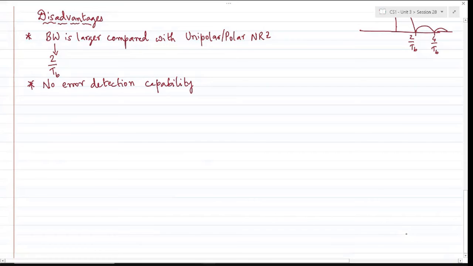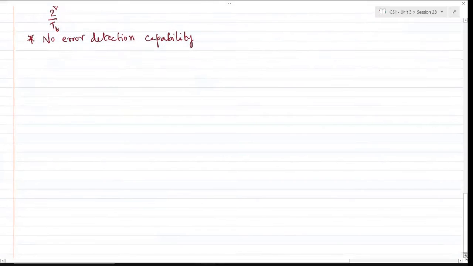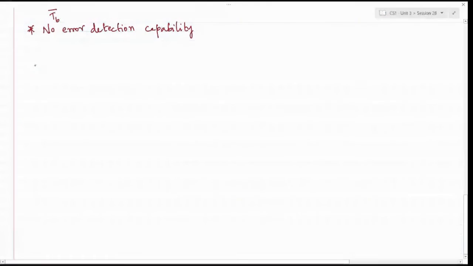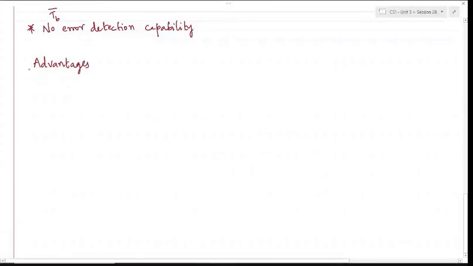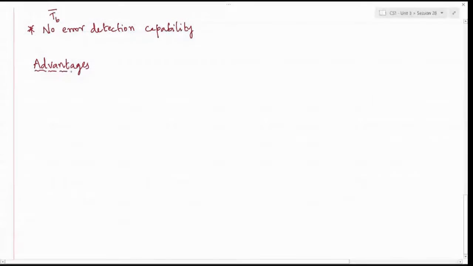Okay, so there is no error detection capability at all. But with respect to advantages, these disadvantages are very small. So we need to talk much about the pros of this Manchester coding scheme.